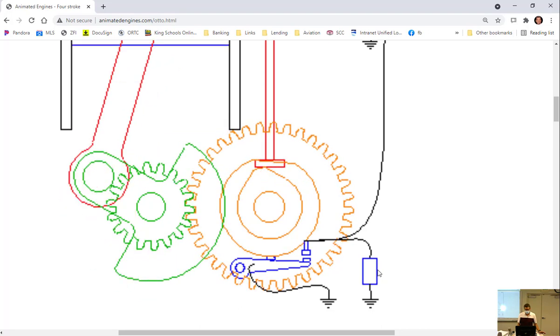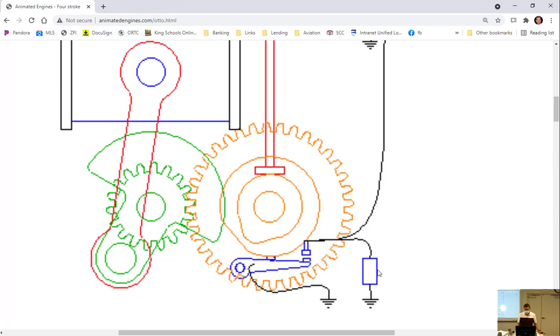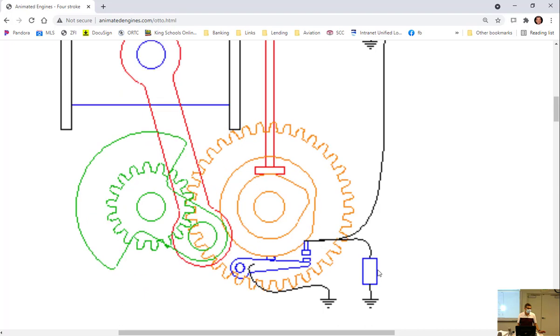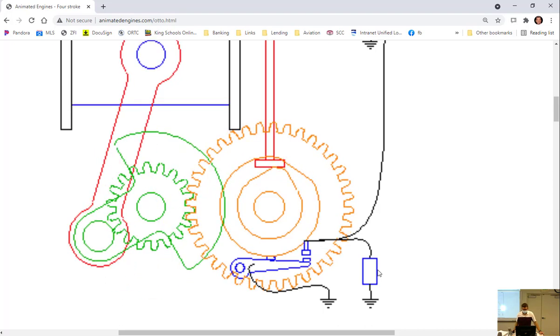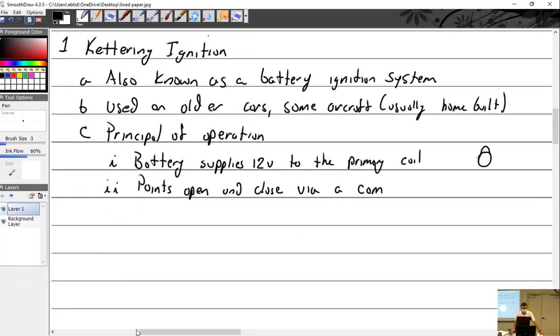You can see they're open right now. They're going to come around this little flat spot, close, charge the system, and pow, open. Is ours opposite then? Nope, same thing. Points open and close via a cam.